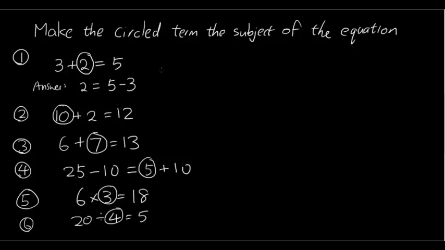Okay, so now that you've had a few minutes, let's do the first one here. 10 plus 2 is 12. We want to make 10 the subject, so 10 equals 12 minus 2.